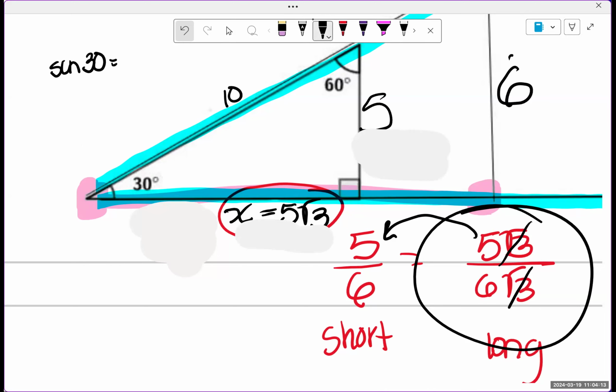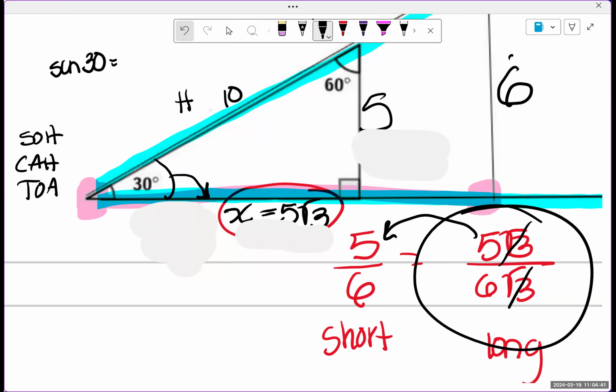Okay, so we remember that it's 5, 10, and 5 rad 3. What would be the sine of 30 degrees? So let's look at SOHCAHTOA. The sine of an angle is, O stands for what? Opposite. So notice this is always hypotenuse.